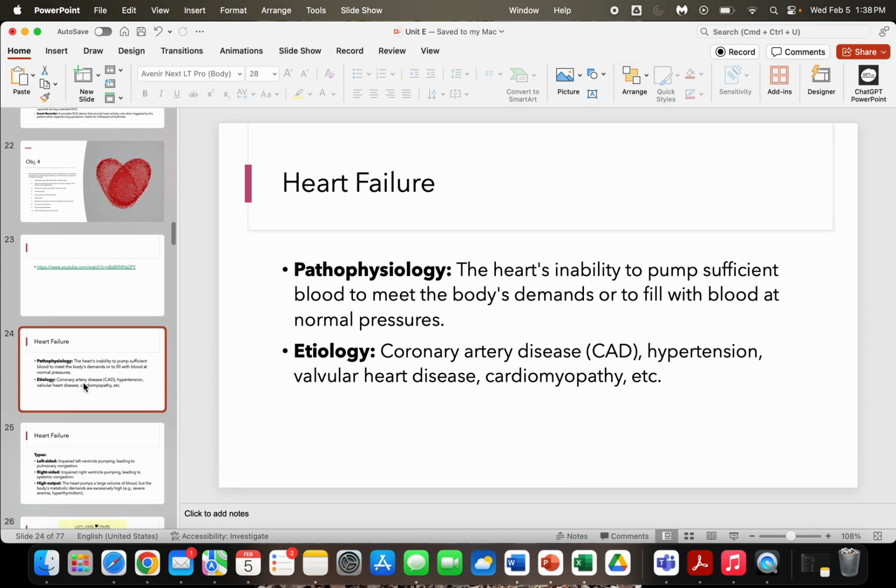Things that typically cause this are, like we talked about, coronary artery diseases, where we have plaque buildup in the arteries from high cholesterol or a high amount of lipids in the bloodstream. So those vessels have become occluded with fat, plaque. It's hard for blood to flow through them, so we don't get as much blood flow through those vessels as we need.